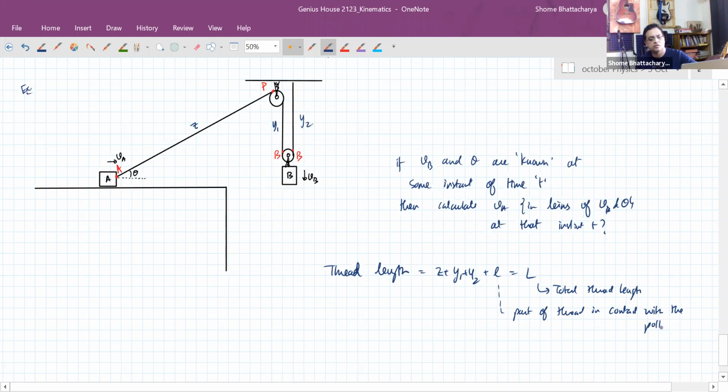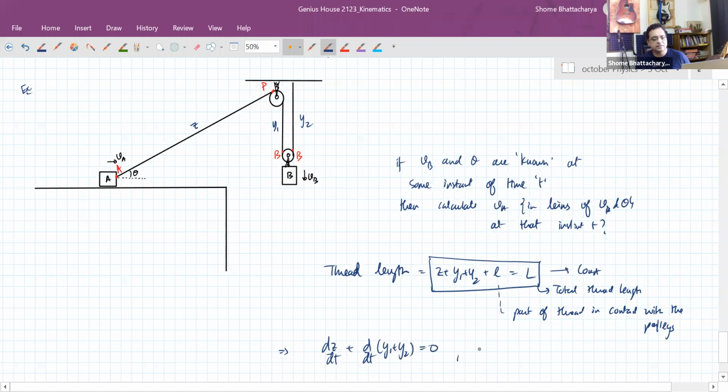You can see that that's not going to be changing very much. Okay. So this thread length remains constant. This total thread length remains constant. So that means dz by dt plus the rate of change of y1 plus y2 should be 0.